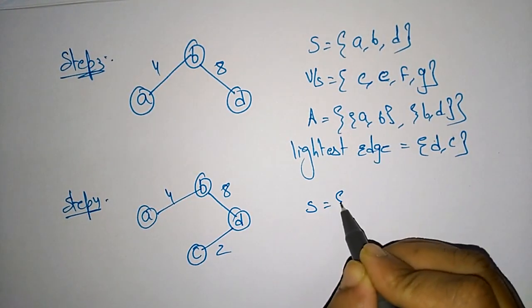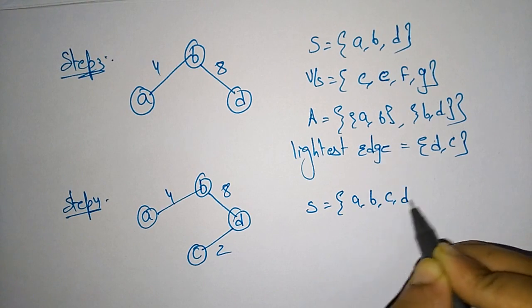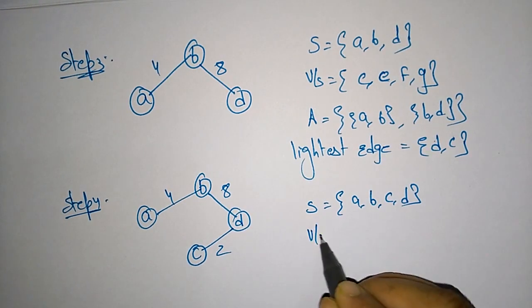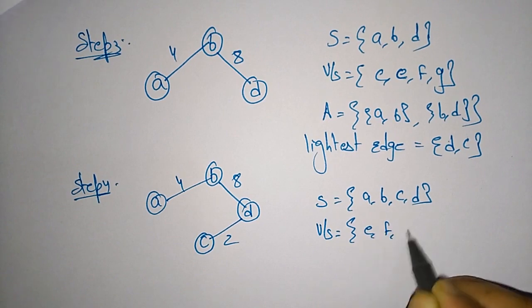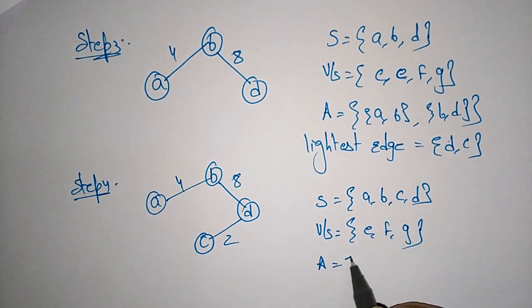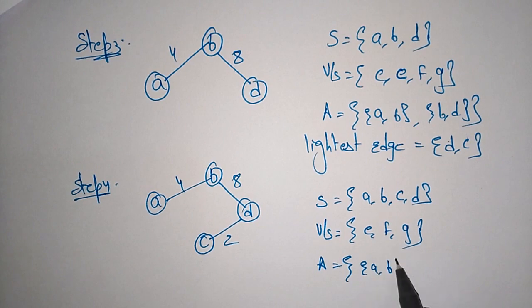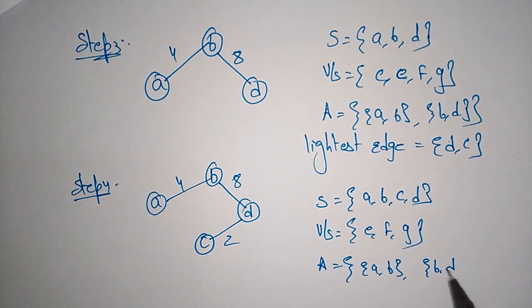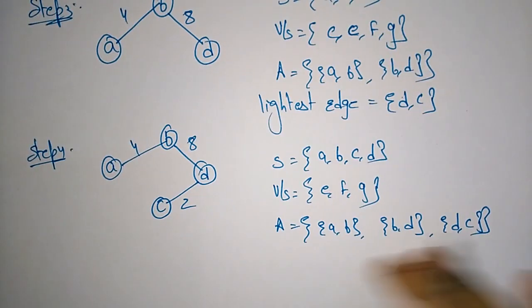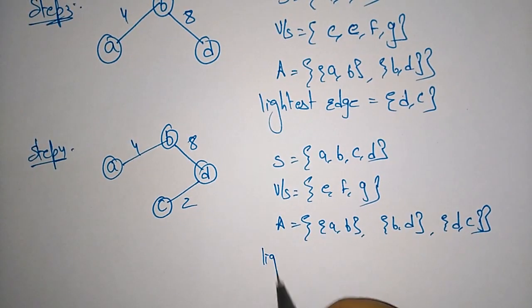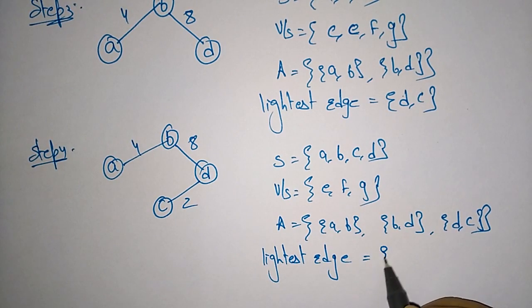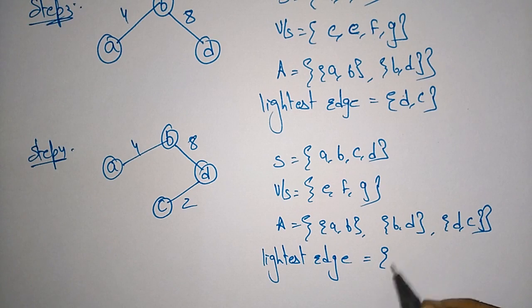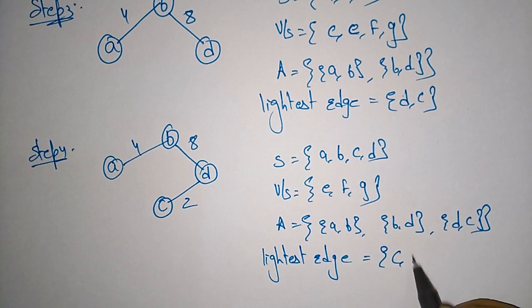Now the set contains A, B, C, D, 4 vertices, and the remaining vertices here are E, F, G. Now the set is AB, BD and DC. What is the next lightest edge to C? The next lightest edge is CF.